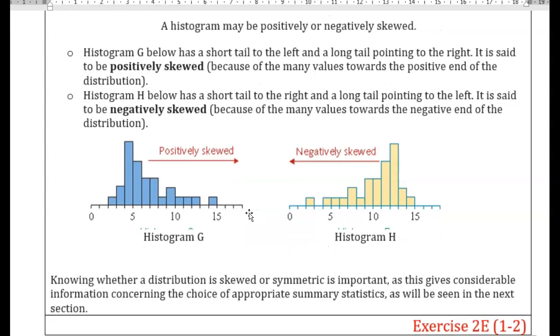So you can see here we have two histograms that are skewed, and this is important information to have in your reference because very often you'll be asked to describe the shape. Okay, so if you're saying it is symmetrical, that's fine, that's easy. If you're saying it's skewed, you have to either say it's positively skewed or negatively skewed. Okay, so histogram G is positively skewed, histogram H is negatively skewed.